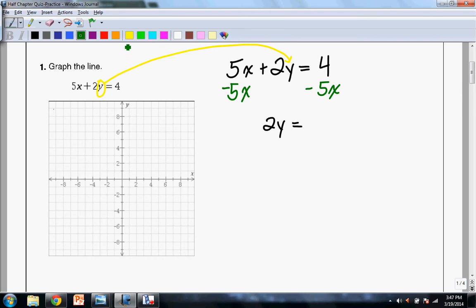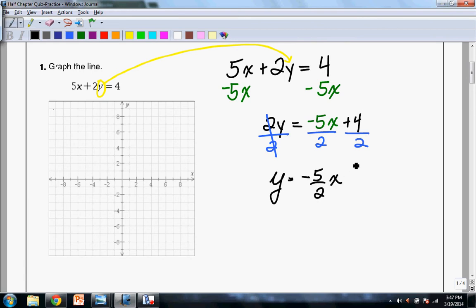We have 2y equals negative 5x plus 4. And to get y by itself, we divide by 2, and when you have to divide, you divide everything out. So we get y equals negative 5 over 2x plus 2.